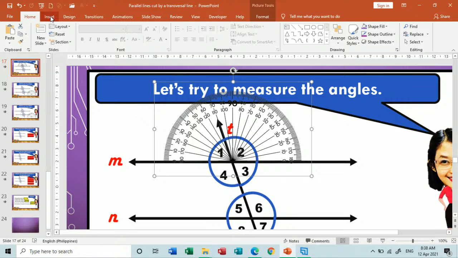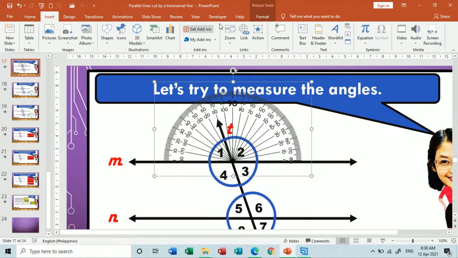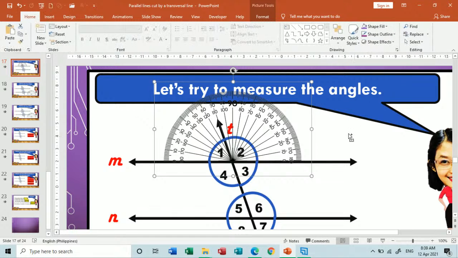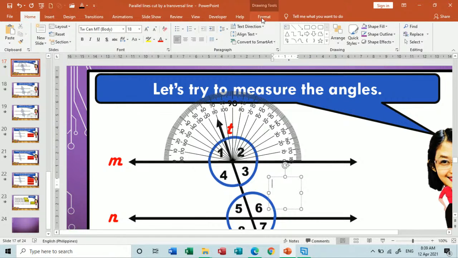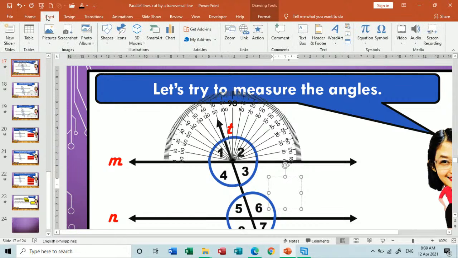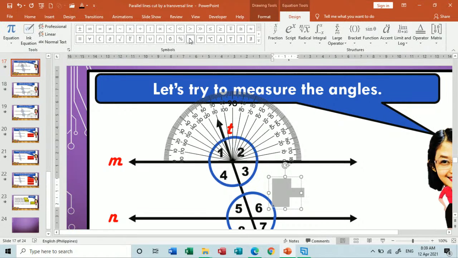The measure of angle 1. Again, the measure of angle 1.